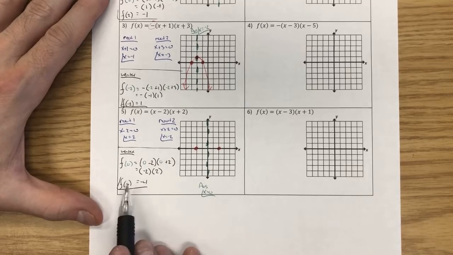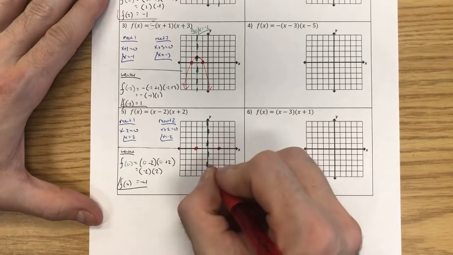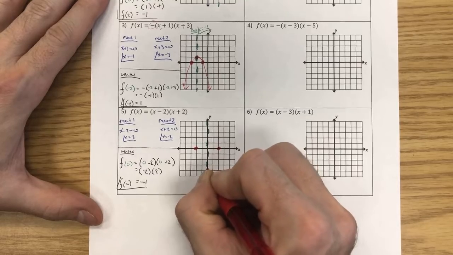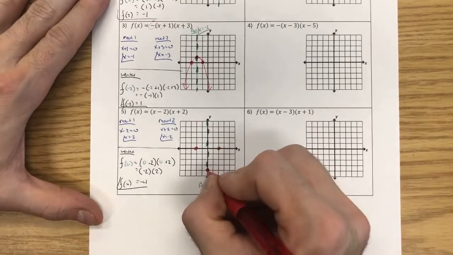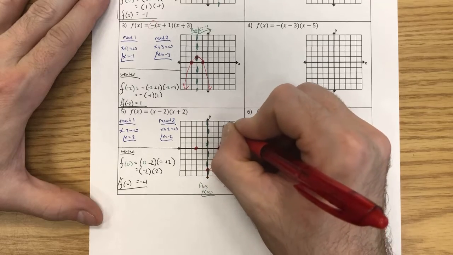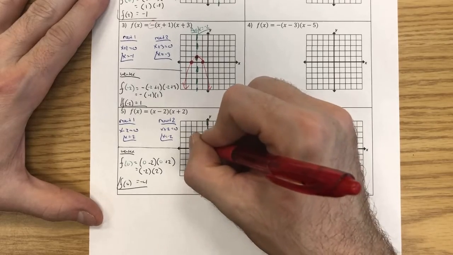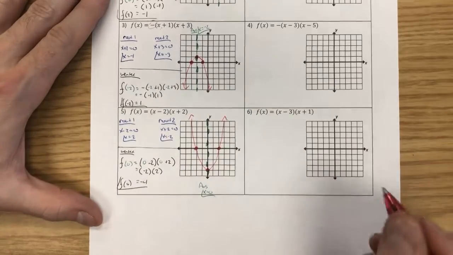So now my coordinate for my vertex is at 0, negative 4. Right there. So what we have is a quadratic just like that.